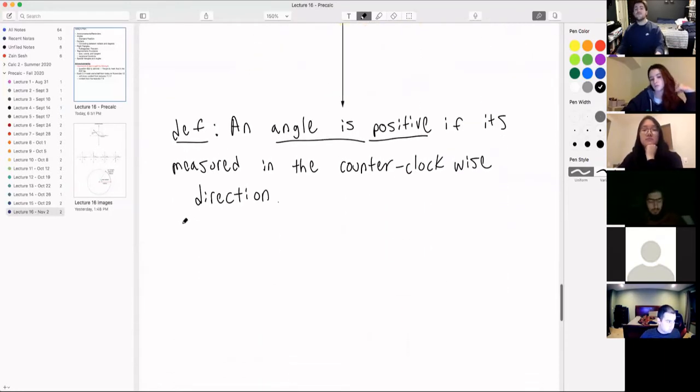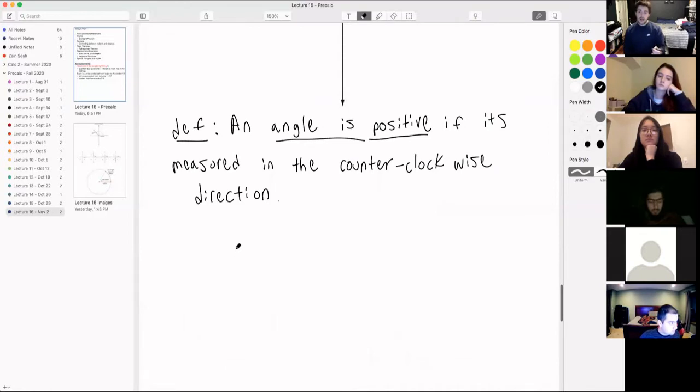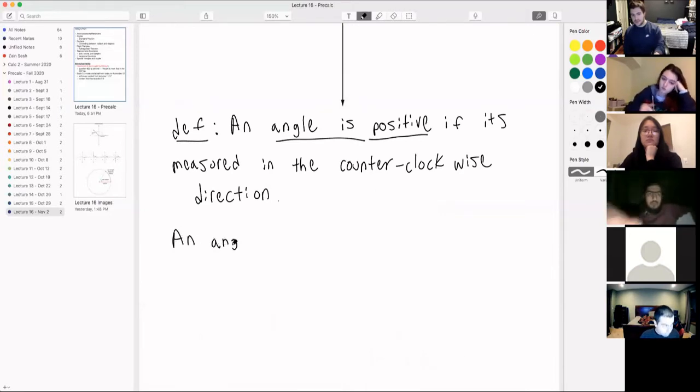Good, so what does it mean for an angle to be negative? It's just going to be measured in the clockwise direction. Let me write that quickly, for the sake of completeness.